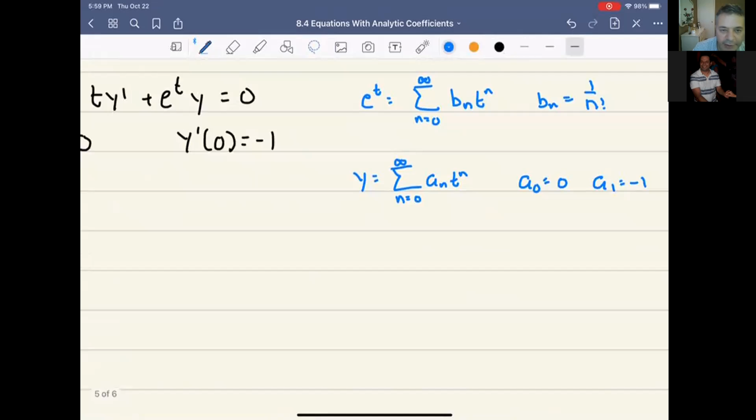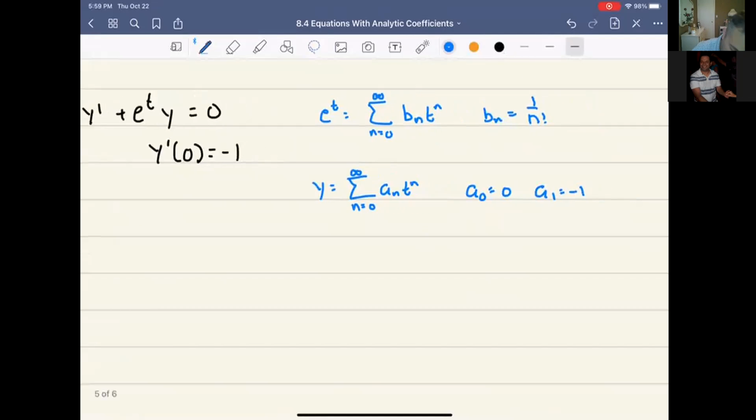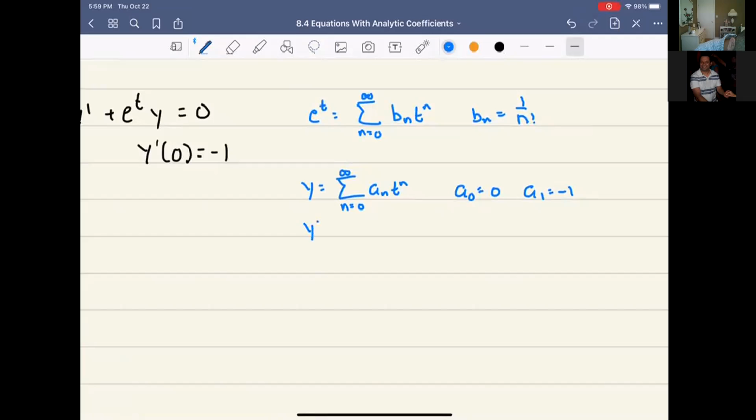Okay, so now let's take our y prime. You know, I wish I could do this just from memory, but I don't. I have to redo it every time.